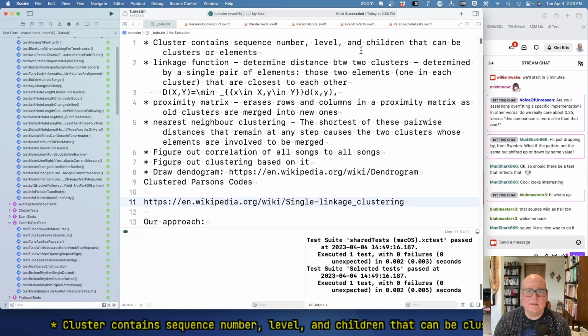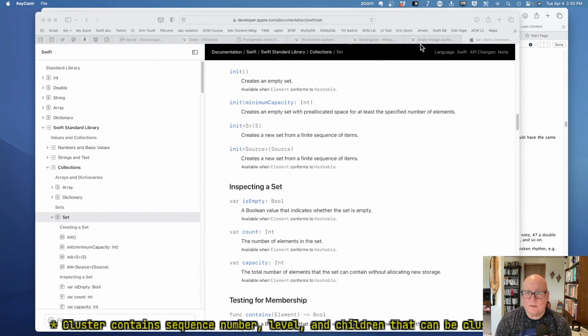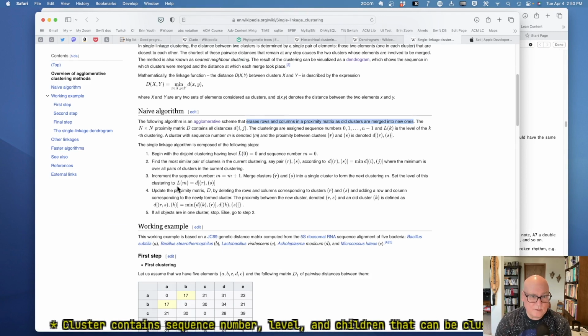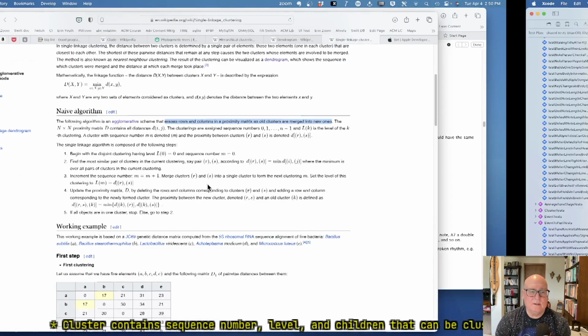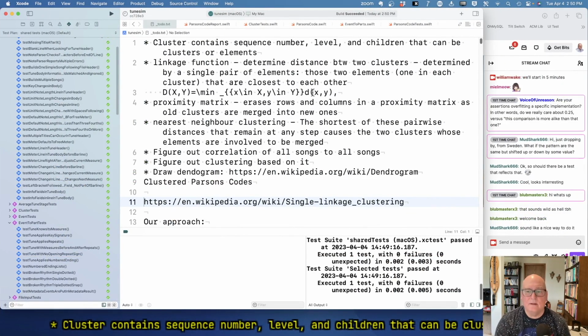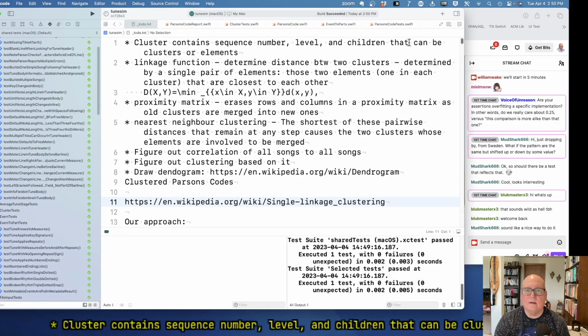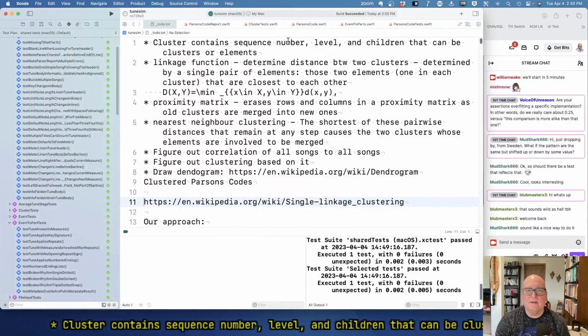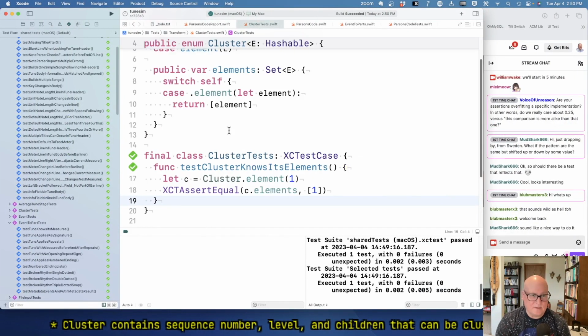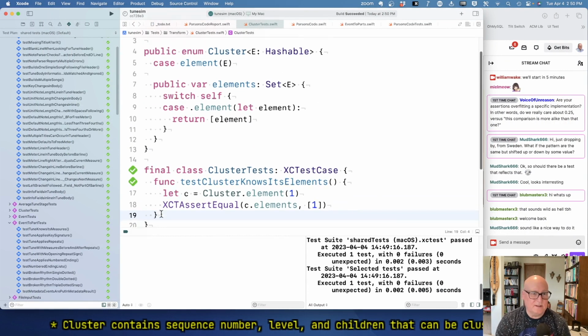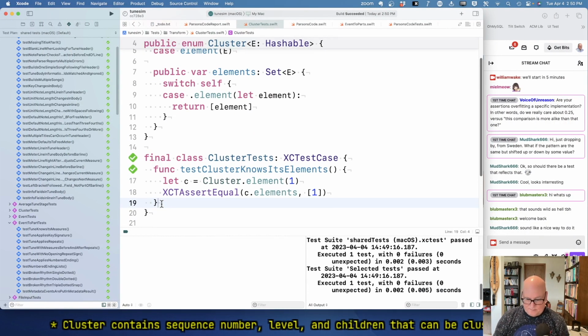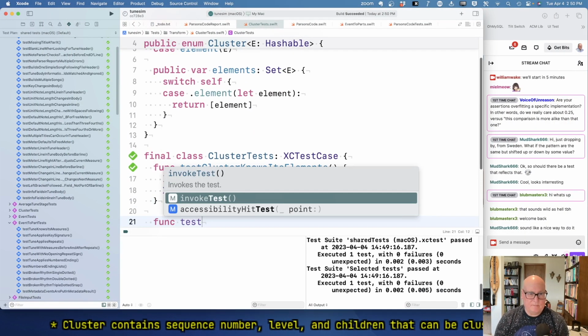Okay, sequence number, level, and children. Well, we decided level was a real number because it's distances. Okay. All right. Cluster tests. All right, we still have cluster in here. All right. Well, let's make test.